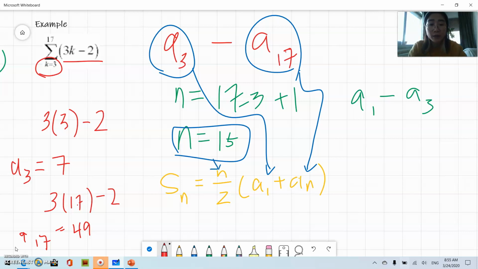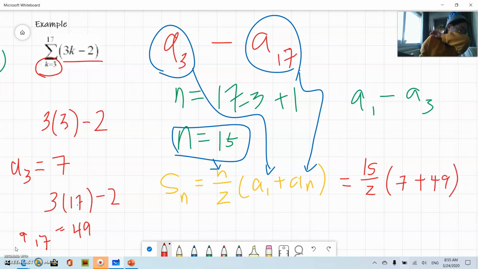So then I have all the numbers that I need to actually find this series. 7 plus 49. So it's 420, okay? If you don't believe me, what you can do otherwise is plug in 3, plug in 4, plug in 5, all the way to 17, add all those numbers, and you still get the same answer. Just longer, right?